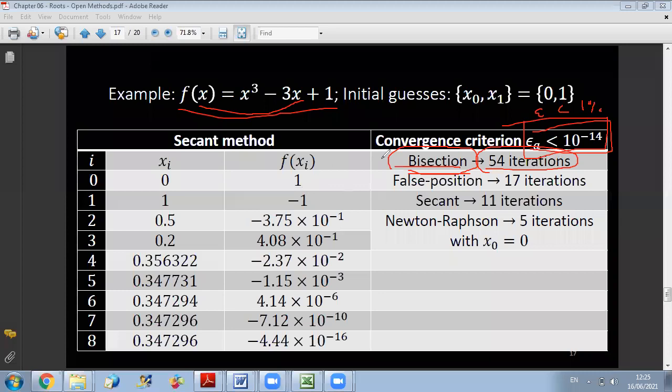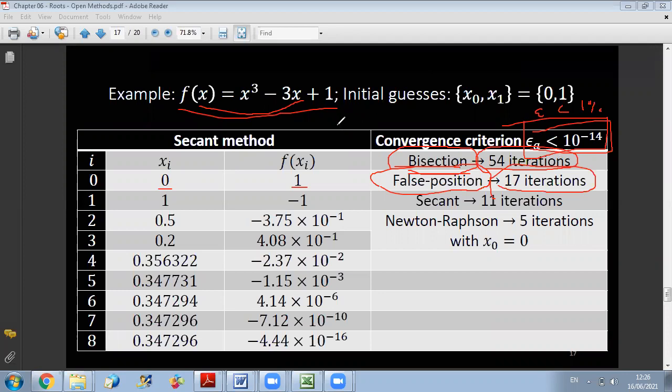Now, if we use, let's say, the false position method, for the false position method we need two guesses, which here we also take as 0 and 1, okay. So what will happen is that we need fewer iterations. How can we explain this? We can explain this if we draw the function between 0 and 1.